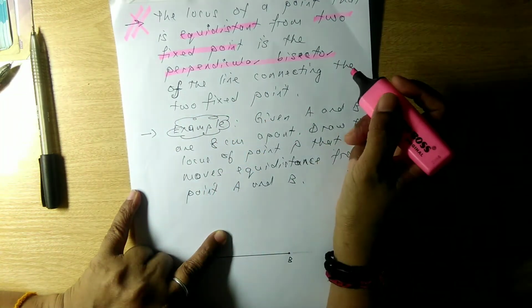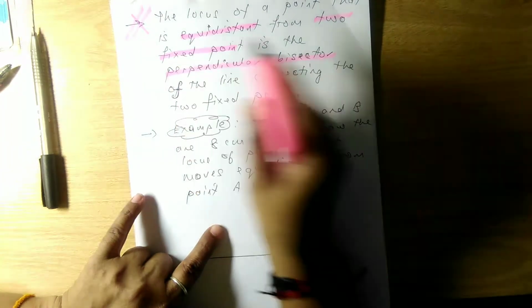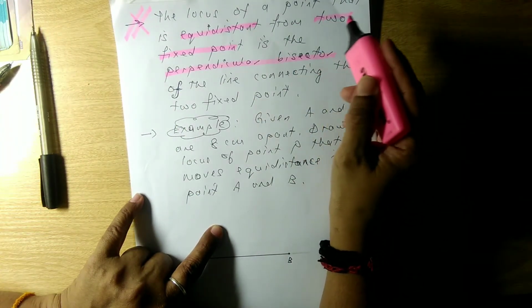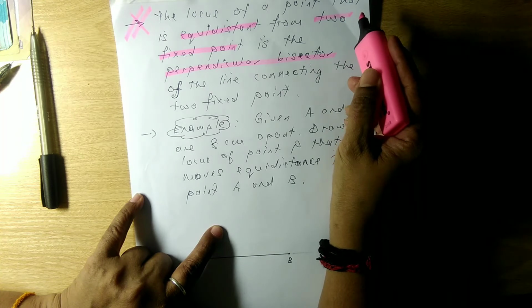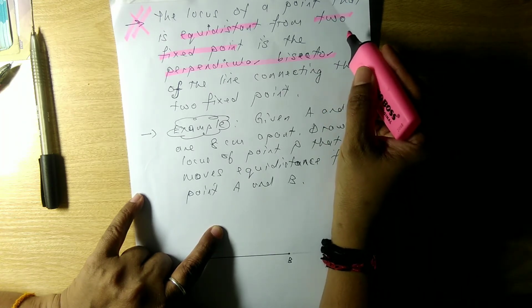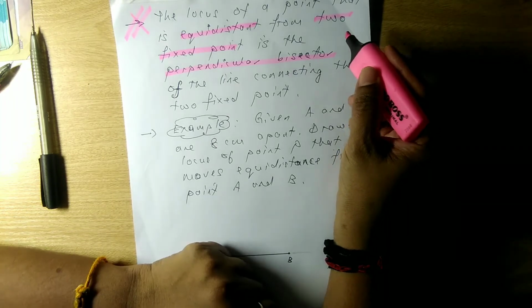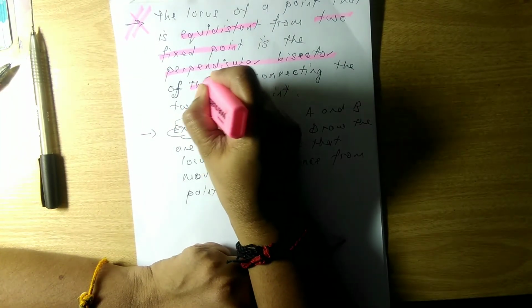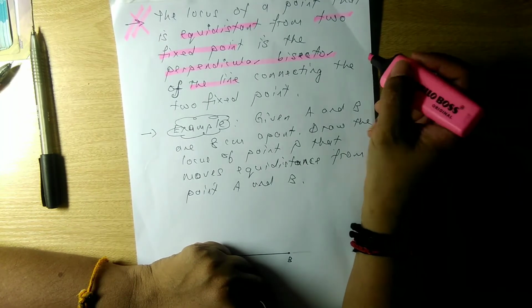So what they're trying to tell you is, let's say you have a locus of a point that is moving, which is equidistant from two fixed points. The locus obtained is a perpendicular bisector to the line that connects these two fixed points.